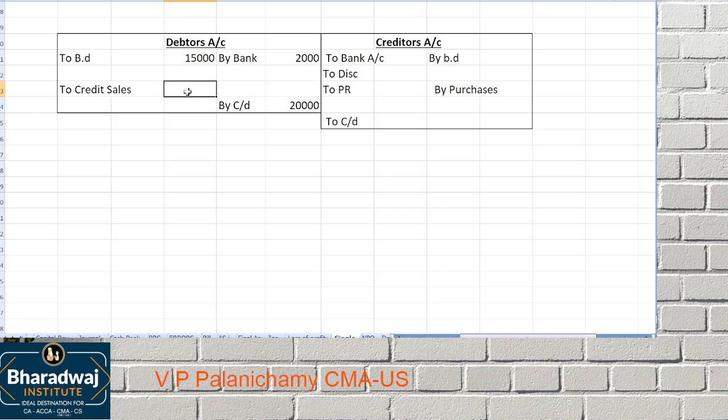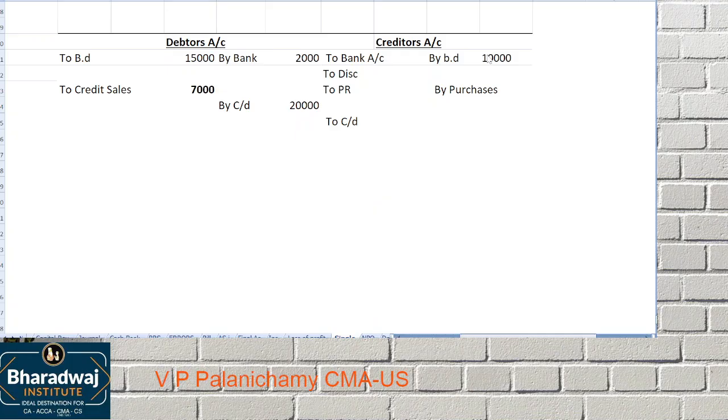Same way, prepare the creditors account. What opening balance have we been given? 10,000 given. What is the closing balance given? 3,000. 8,000 they have given.